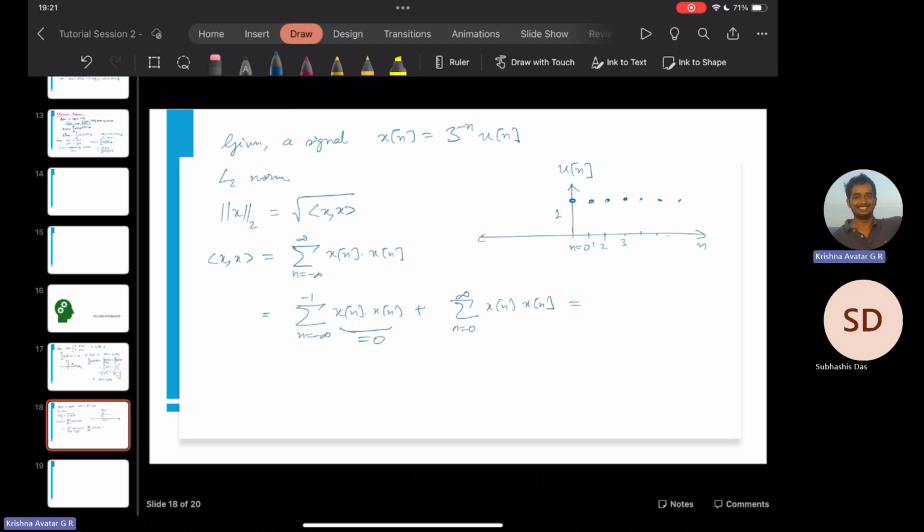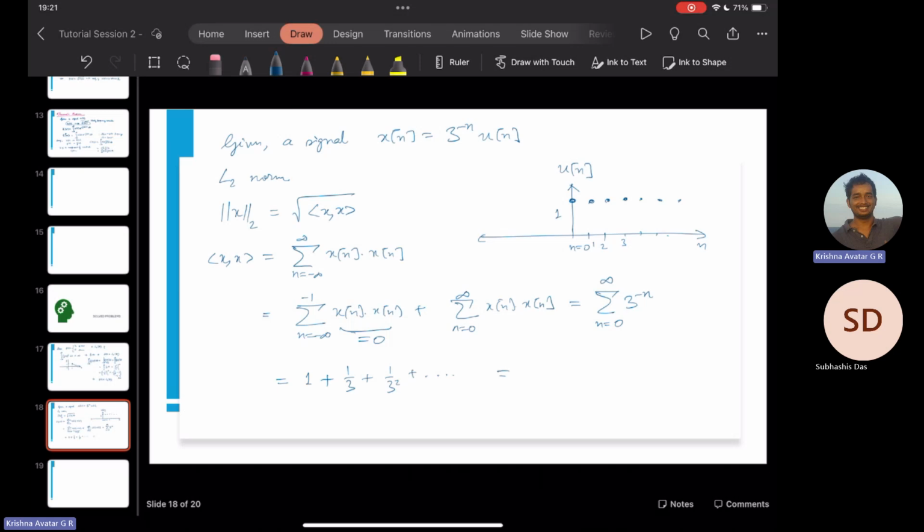All that we can do is take n equal to 0 to infinity of 3 to the minus n. So the inner product can be written as: n equal to 0 gives us 3 to the power minus 0, which is just 1, plus 1 by 3 for n equal to 1, plus 1 by 3 squared for n equal to 2, and likewise.